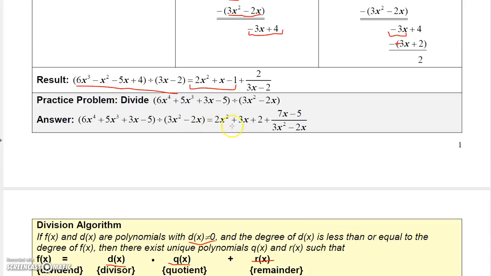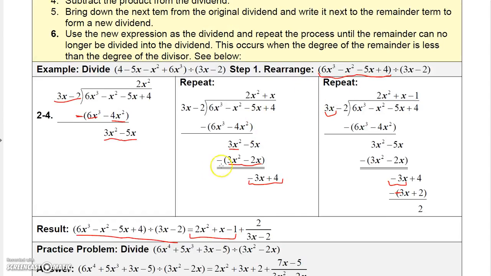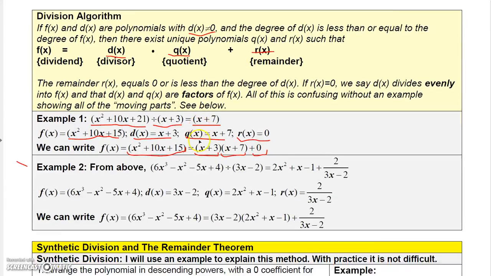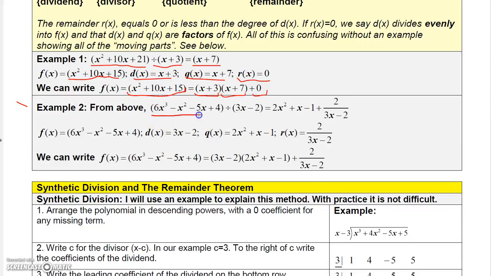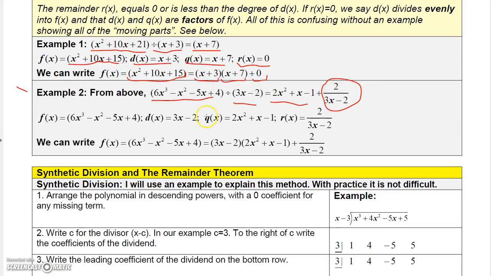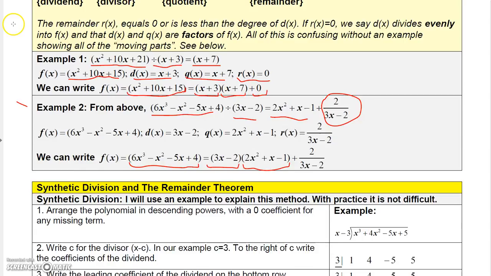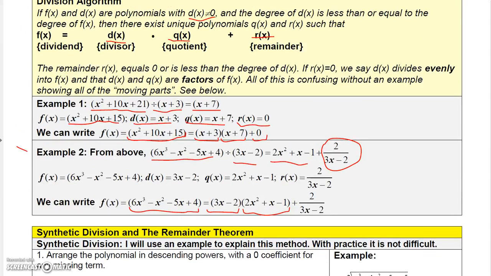If you go back up to the one I did up here, where we got this result right here, there's f of x, there's d of x, there's q of x, and then there's r of x. That's the remainder. So basically we're saying we can write this polynomial using that theorem as the divisor times the quotient plus that remainder. That's basically all that the division algorithm tells us.